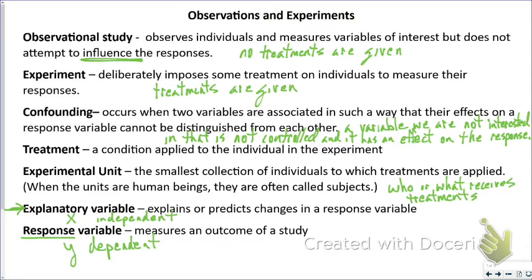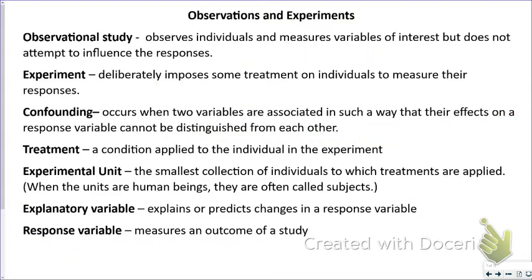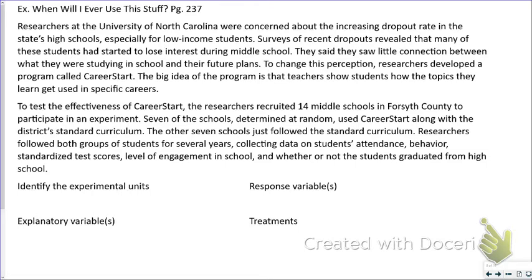All right, let's practice with an actual problem. What we're going to do is identify the parts. So maybe hit pause and think about each of those 4 things. And I'm going to do it right now. So experimental units, who or what received the treatments? I would say the students at the 14 middle schools.